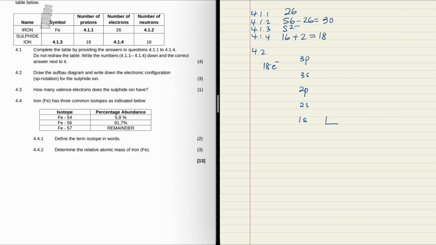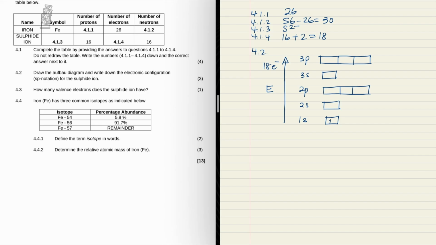Now 1s has 1 block, 2s also 1 block, 2p has 3 blocks, 3s has 1 block, and 3p has 3 blocks. Remember that the energy increases as you go up. Remember that the s block can only take 2 electrons, p blocks can take 6. So I have 18 to fill. I start from the 1s and make my way up.